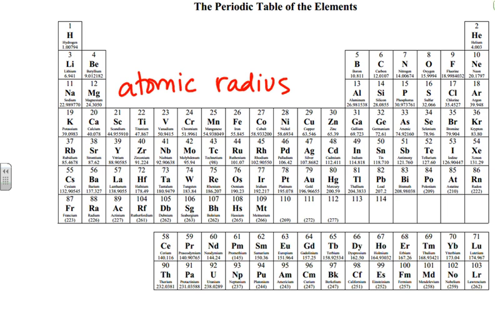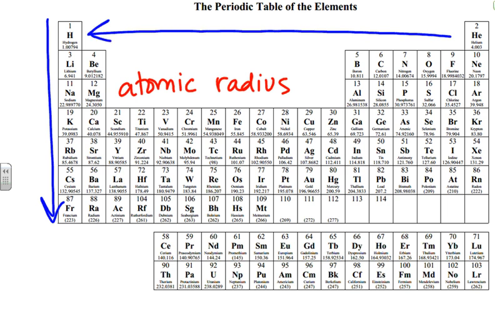Your atomic radius is going to increase as you go down a family, or down a group, or down a column, and it's going to increase as you go across a period from right to left.